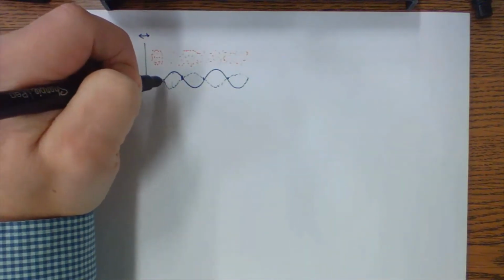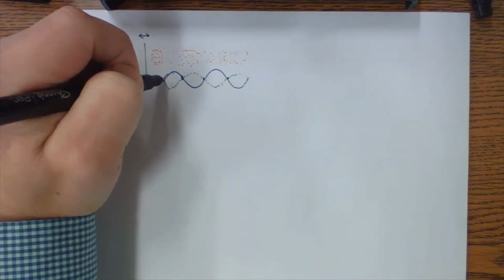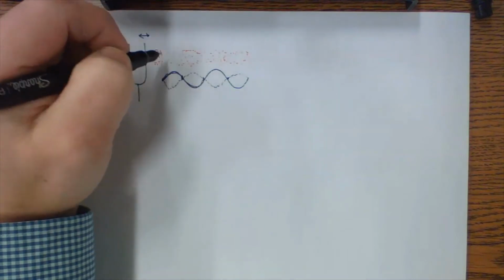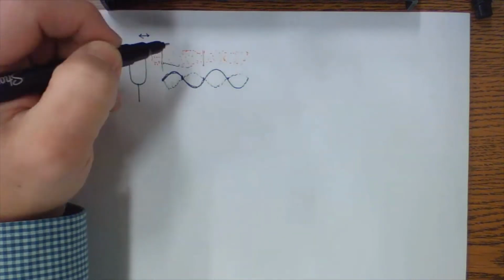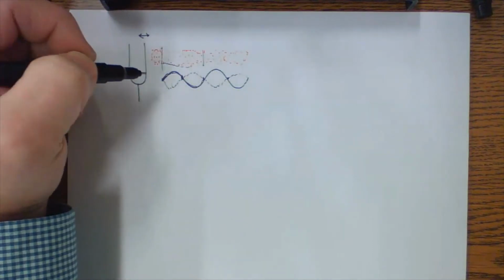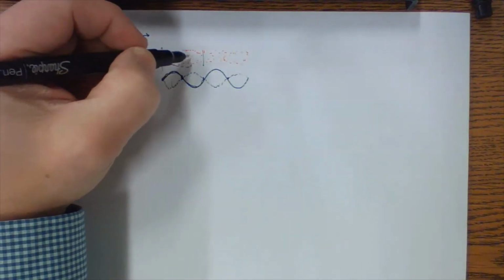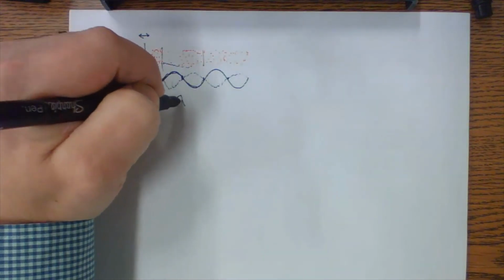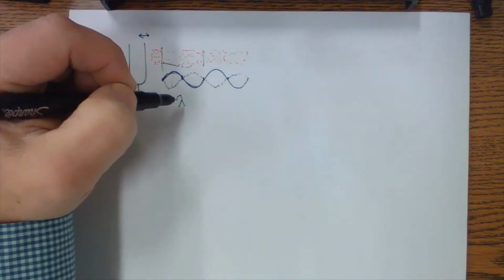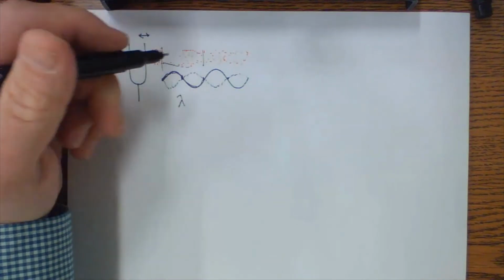Now to make a wavelength, we want to go from a crest to a trough, or from a compression through a rarefaction. So that's getting us the same kind of distance here. Now we see those gaps and those compressions. So this is what we call a wavelength. And a wavelength, if you remember, is just that upside down looking Y symbol.